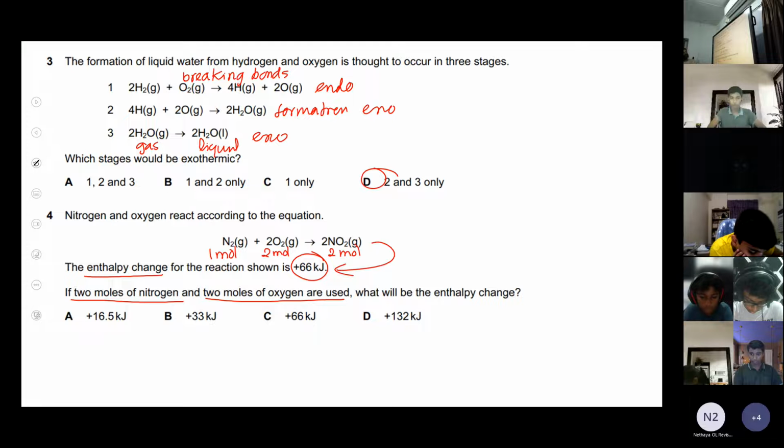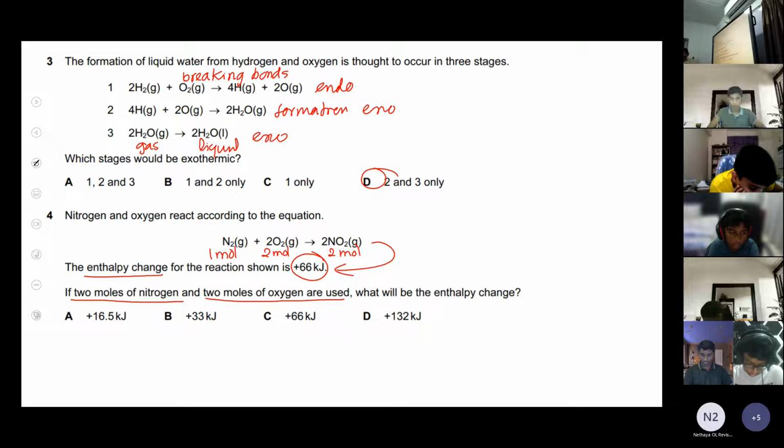How would they give you the question? If you have 1 mole of nitrogen, you need 2 moles of oxygen. Very important explanations are in. You have to look at the pointing also.